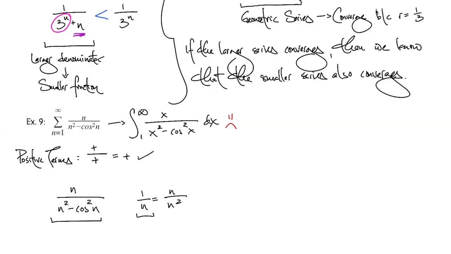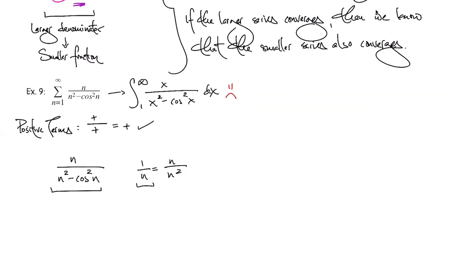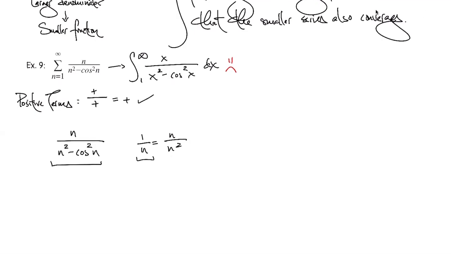The 1 over n will be bigger, I think. Or the other one has the cosine squared n. I think the cosine's going to be greater. Okay, well, let's think about this. I have cosine squared. The maximum value of that is 1. So really, the worst case is it looks like n over n squared minus 1 compared to, let's try this one, n over n squared.